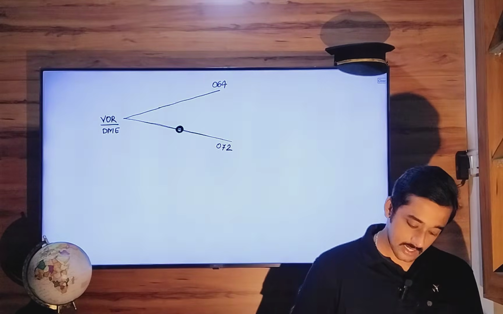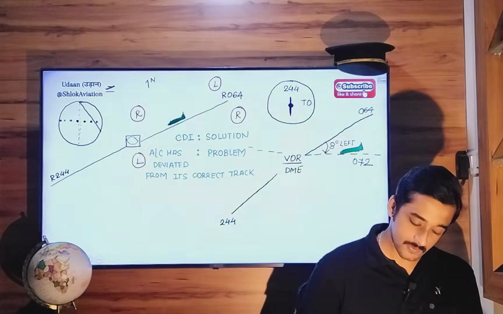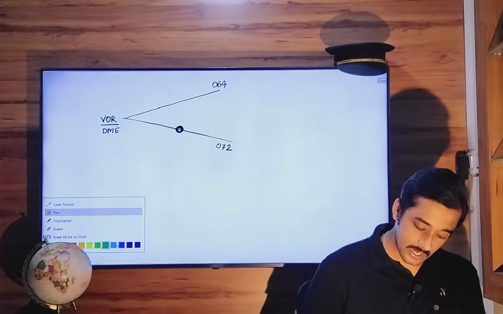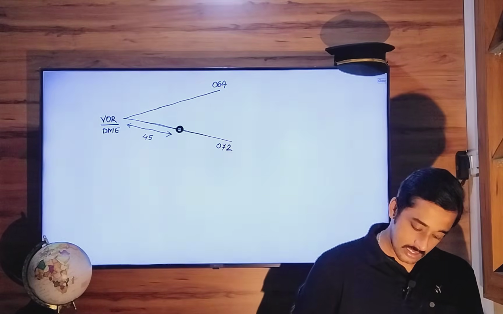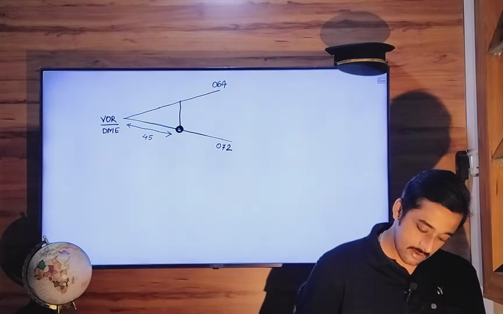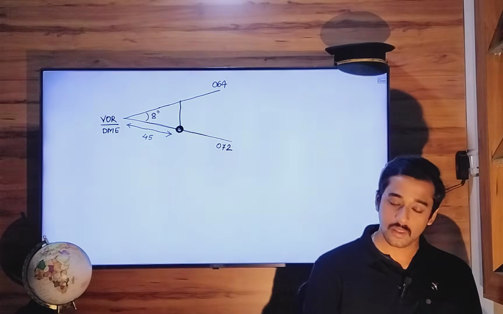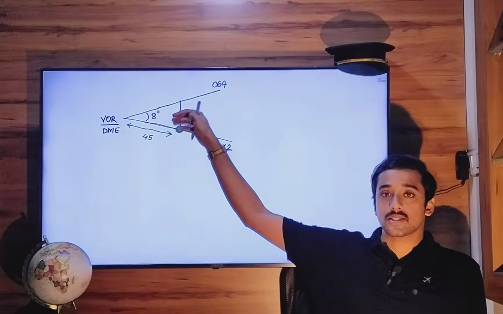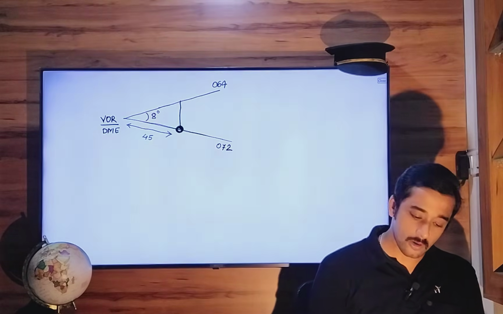And the distance that it is away from this VOR DME station is 45 nautical miles. So let's draw that 45 nautical miles. Let's complete this triangle. This is the triangle, and the angular deviation is 8 degrees. Now we have to find out this distance of track. So let's apply the 1 in 60 rule formula.